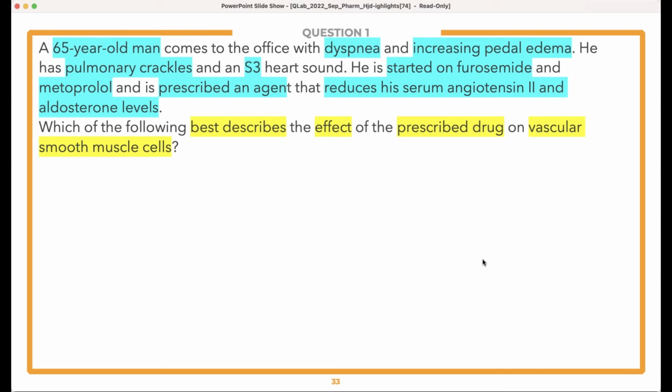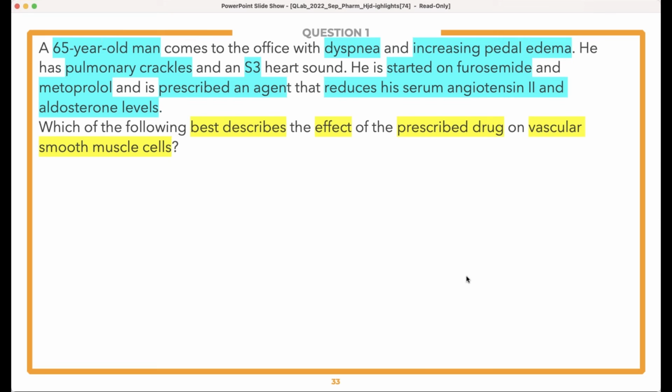They tell us about some abnormal physical exam findings and 3 medications he has started on: furosemide, metoprolol, and another agent. They're not telling us the name, but they're telling us what it does. Then they ask us to describe the effect of that drug on vascular smooth muscle cells. So I think we've got a 2-step question here. 1, we've got to figure out what the prescribed drug is, and 2, what its effect is on vascular smooth muscle.